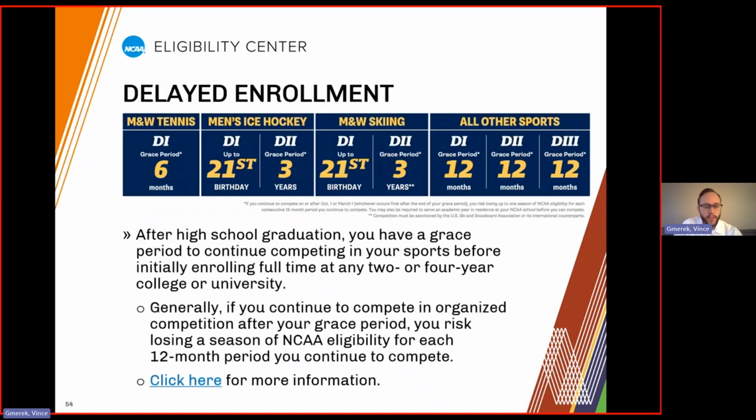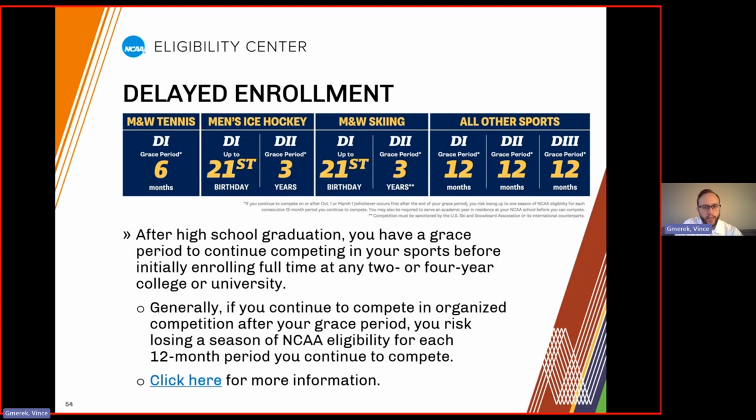So as I mentioned, graduating later than expected can have a significant impact on your academic eligibility. It can also have an impact on your amateur eligibility. We have a rule called the delayed enrollment rule, which penalizes students for continuing to compete in their sport after high school graduation prior to full-time enrollment at their NCAA school.